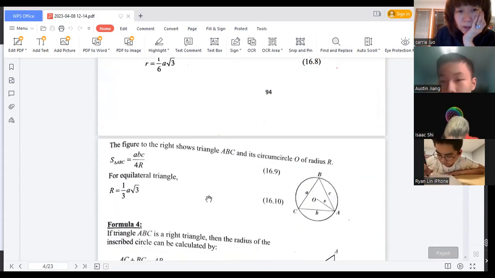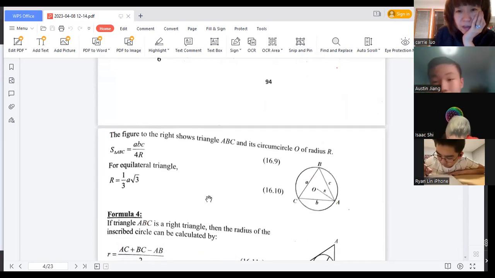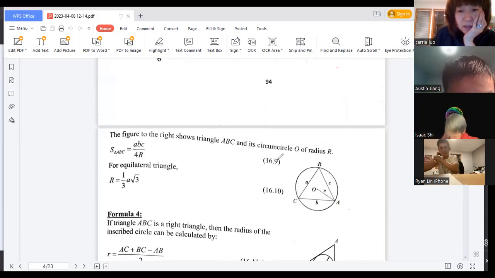So now we move forward. The figure to the right shows the triangle ABC and its circumcircle. What does it mean? Before, it was a circle inside a triangle; this time it's reversed, a triangle inside the circle.